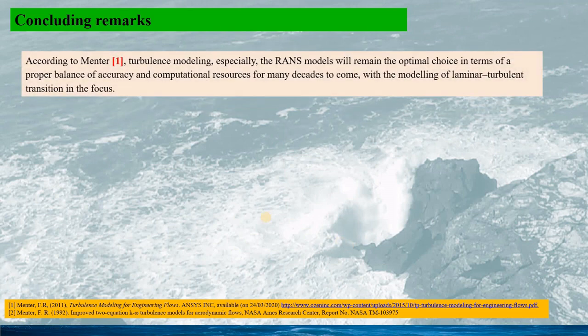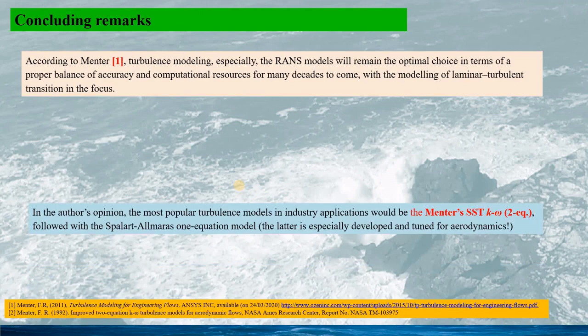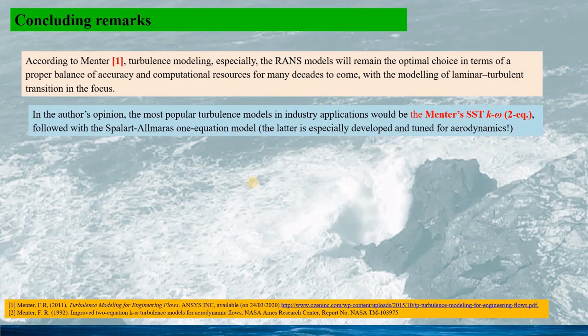According to Menter, turbulence modeling, especially the Reynolds-averaged models, would remain the optimum choice for many years to come, with the modeling of laminar-turbulent transition in focus. In the author's opinion, the most popular turbulence model in industry applications would be Menter's SST k-omega turbulence model, followed by the Spalart-Allmaras one-equation turbulence model.